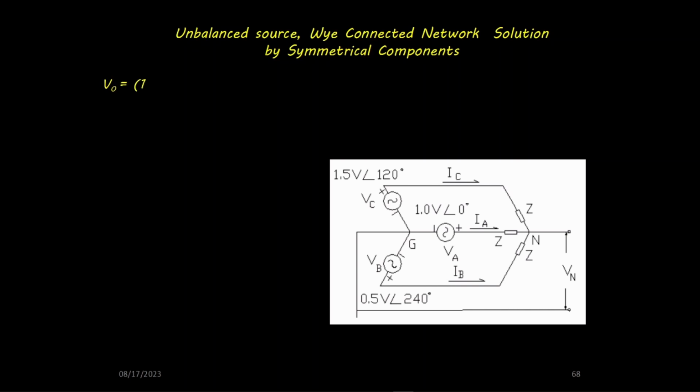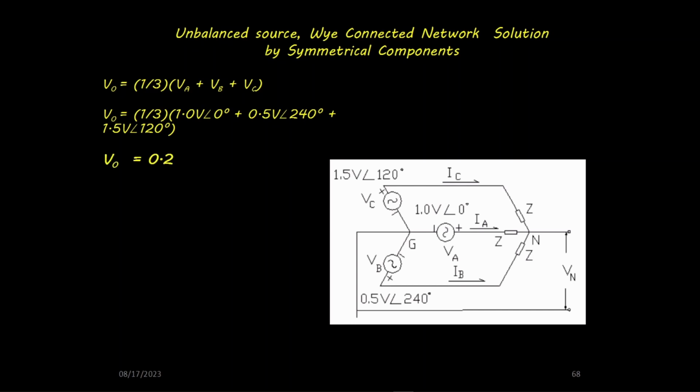Continuing, V0 equals 1/3 the quantity VA plus VB plus VC. V0 equals 1/3 the quantity 1.0 volts at 0 degrees plus 0.5 volts at 240 degrees plus 1.5 volts at 120 degrees. Adding terms, V0 equals 0.289 at 90 degrees.